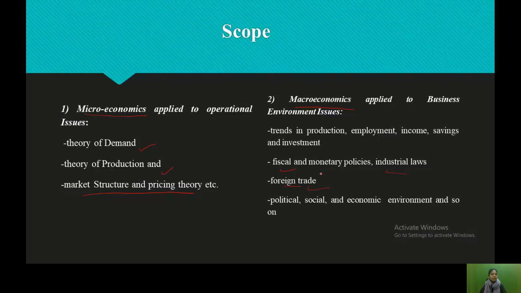At the same time, managerial economics also takes a lot of things from other disciplines as well. But largely when we are talking about economics, these two branches are used in managerial economics, and they form the major part of it.